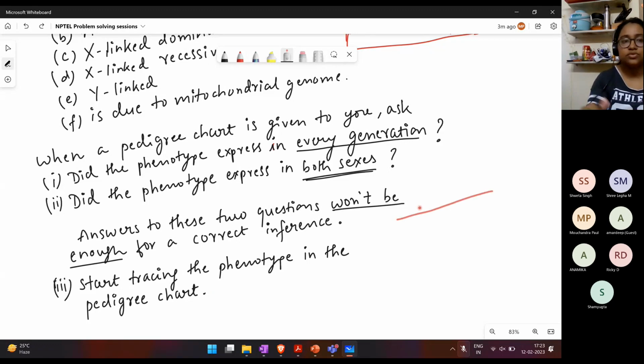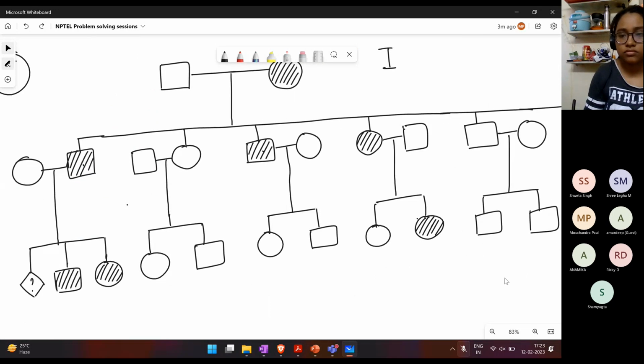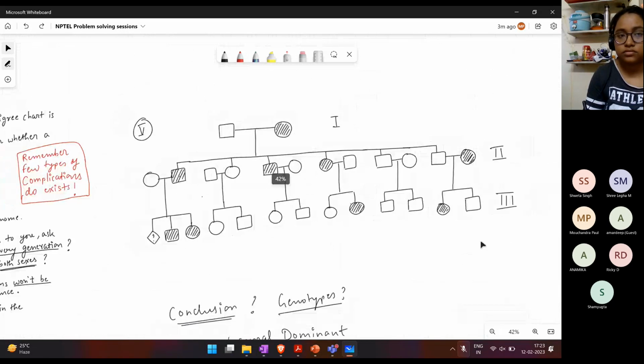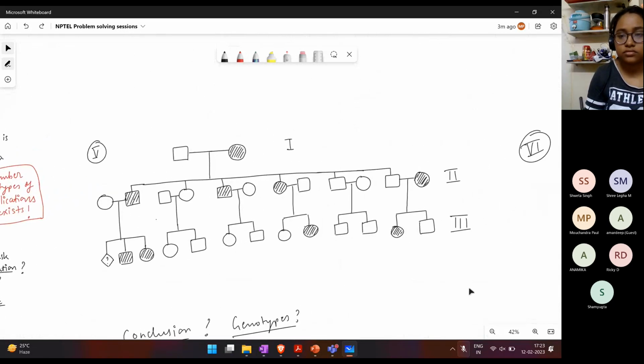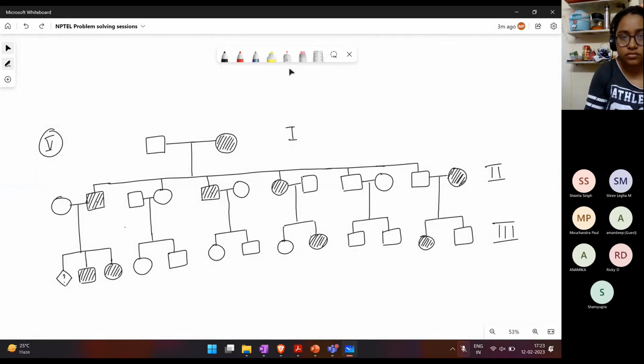Now let's go through a few pedigree examples. So this is a pedigree chart that is given to you.